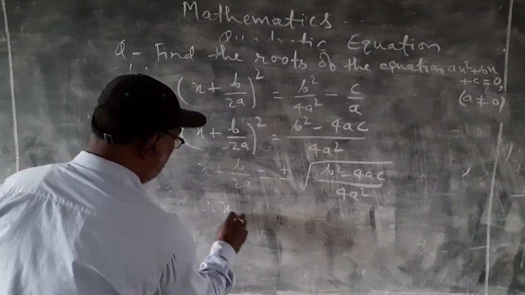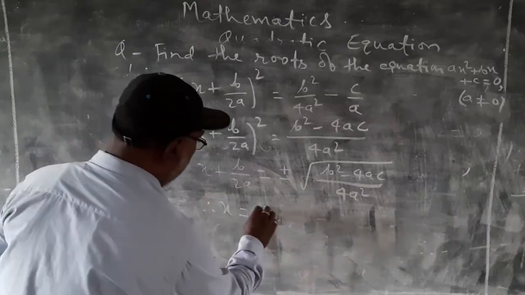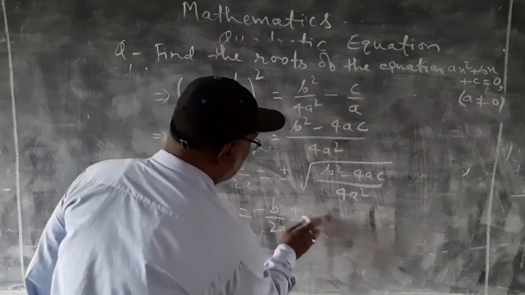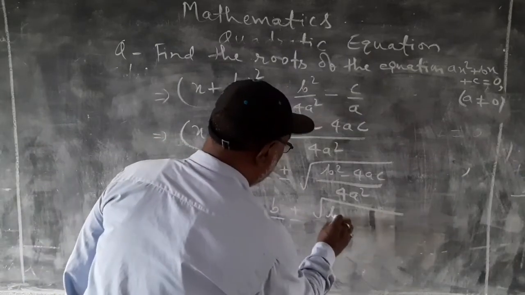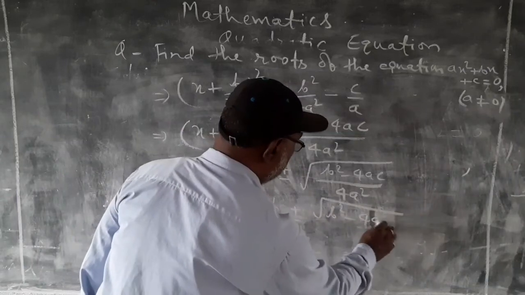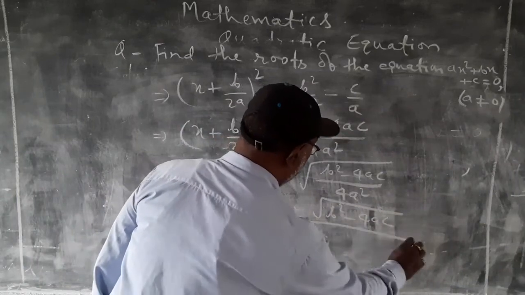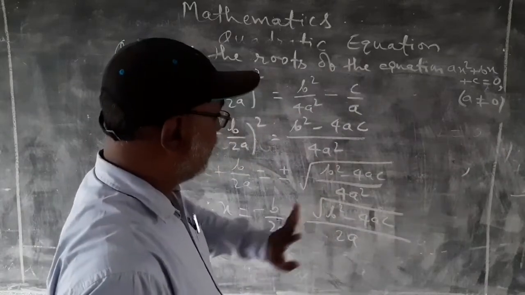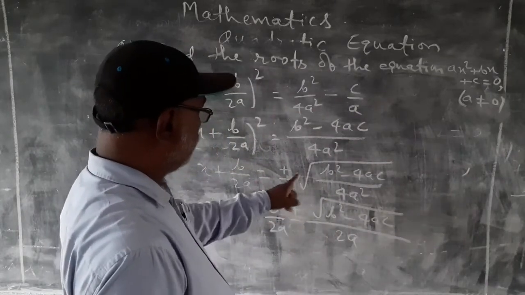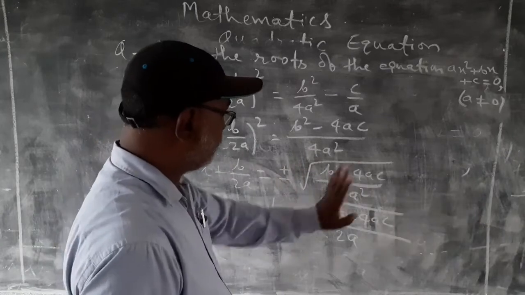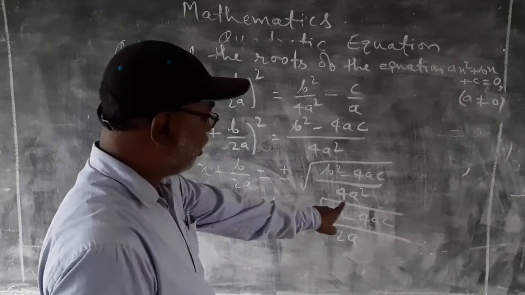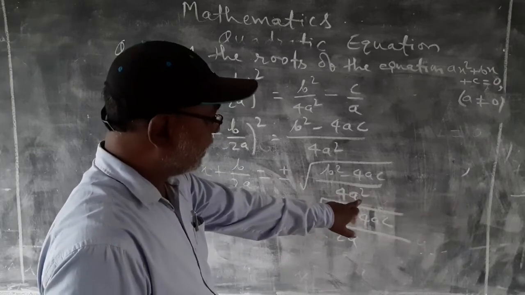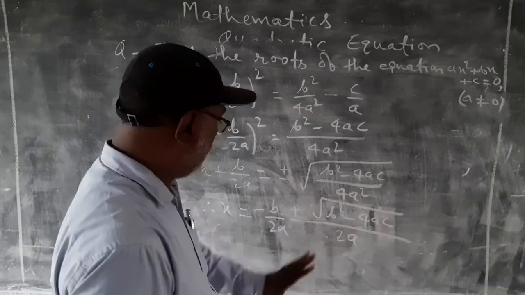Therefore x equals, taking b by 2a to the right side, minus b by 2a plus or minus under root b square minus 4ac divided by 2a. You have to take the square root of both numerator and denominator. The square root of the numerator is under root b square minus 4ac, and the square root of the denominator, since the square root of 4 is 2 and that of a square is a, is 2a.